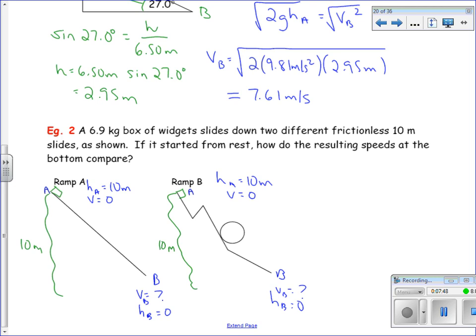So everything is the same. The calculation would be the same as the example that we did in example 1, and nothing is going to change, right? We find the velocity at B by finding the square root of 2 times g times the height that it started at, point A. So that means that the velocities would be the same.